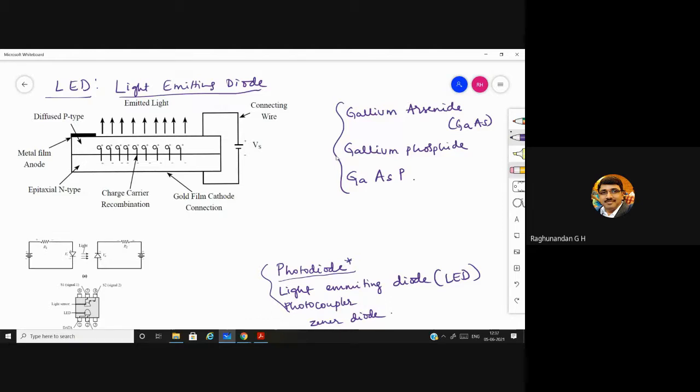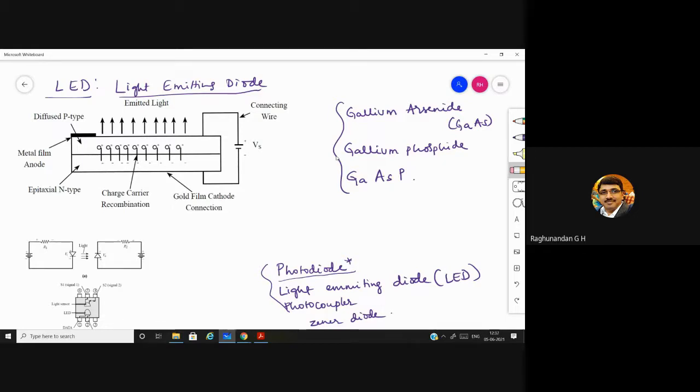See, only a few materials have the capability of giving out energy in the form of light. In order to understand this, we need to go back to Bohr's atomic model.